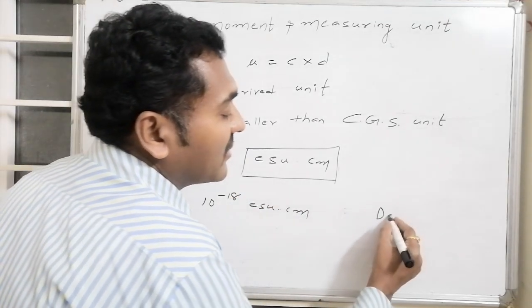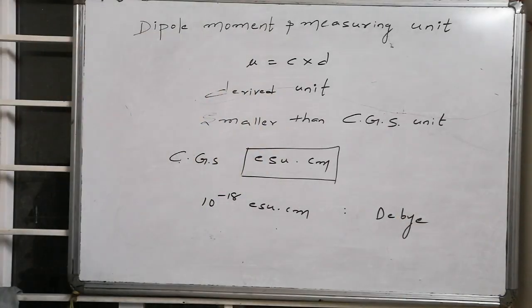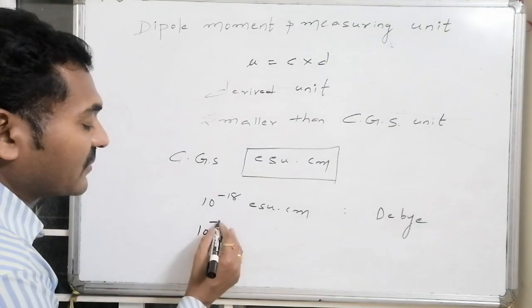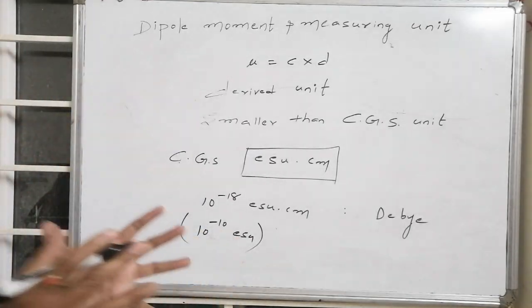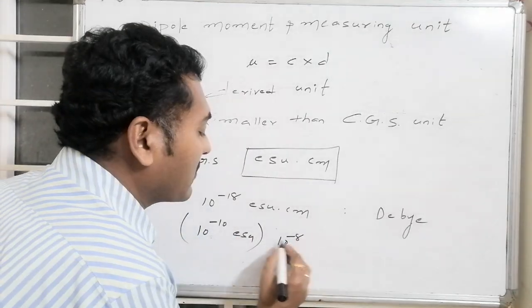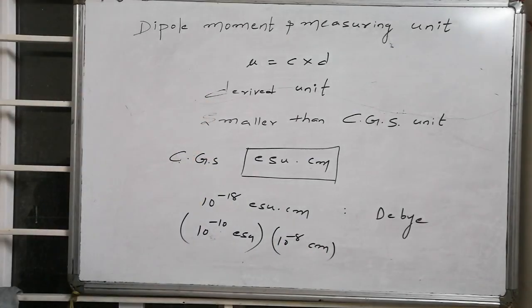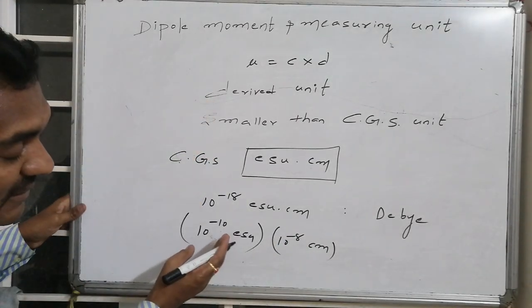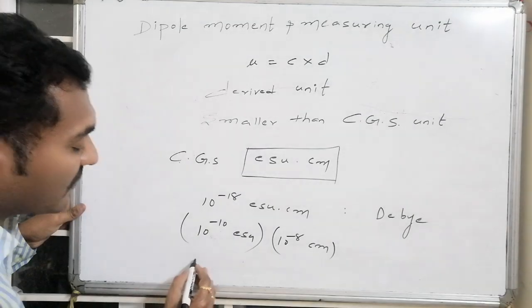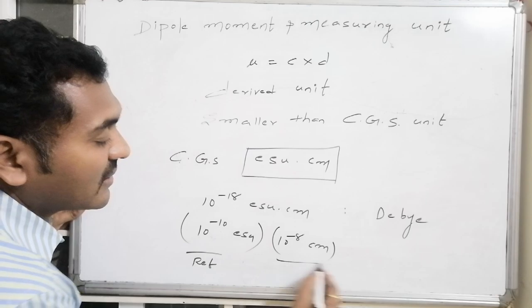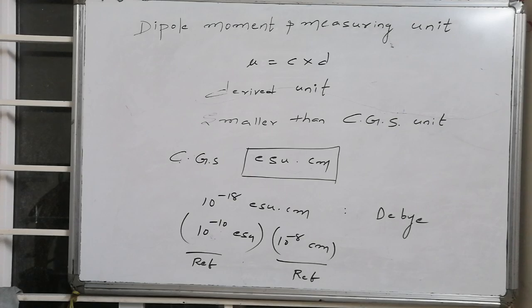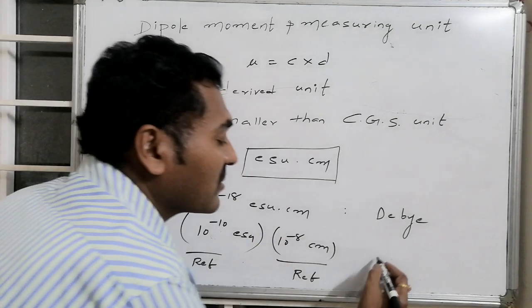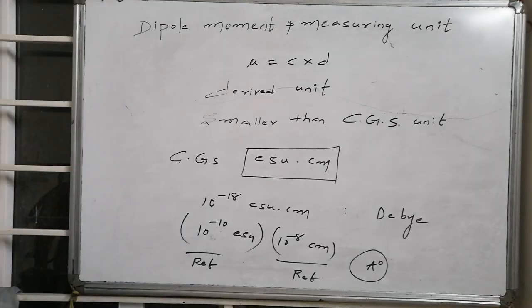This is a new unit for the measurement of dipole moment, known as Debye. To understand it clearly, it is 10 power minus 10 ESU multiplied by 10 power minus 8 centimeter. That is, 10 power minus 10 ESU is taken as reference for charge, whereas 10 power minus 8 centimeter is taken as reference for distance. This is known as the Angstrom unit also.